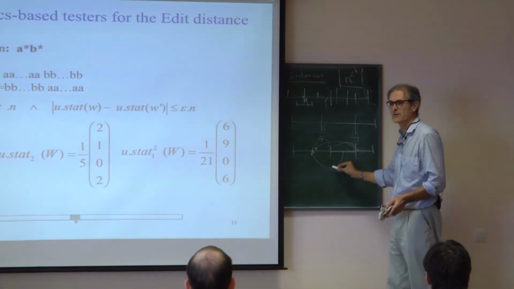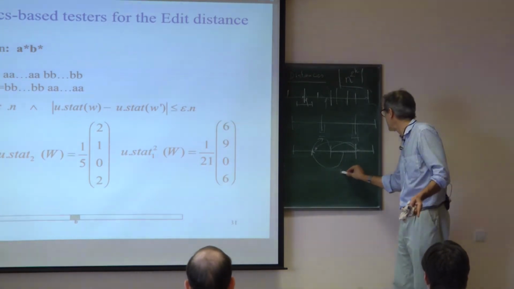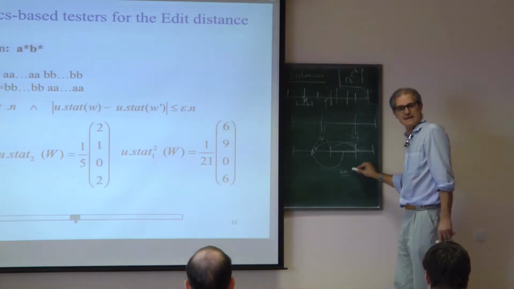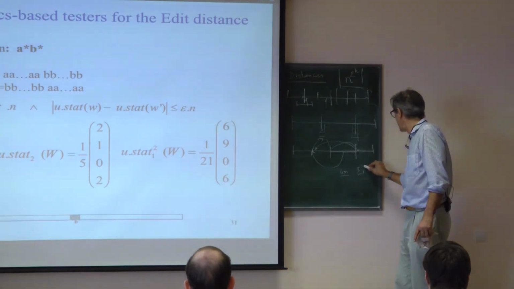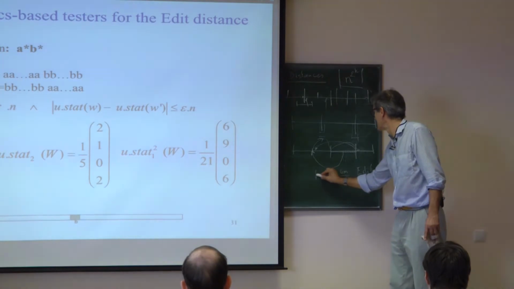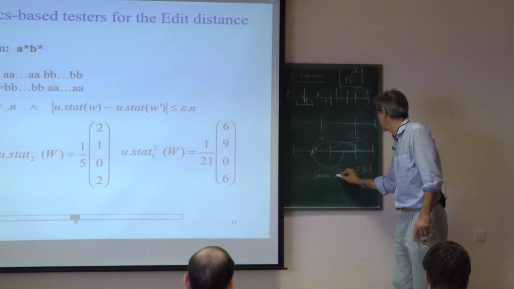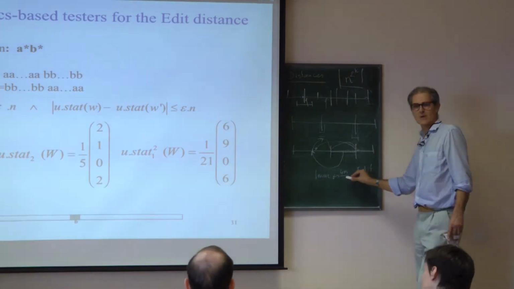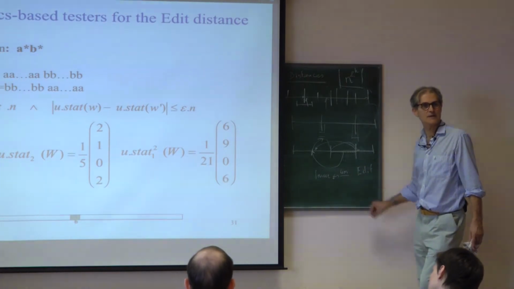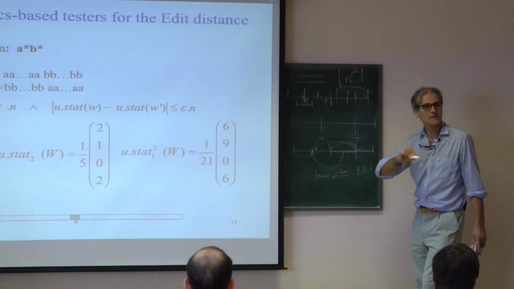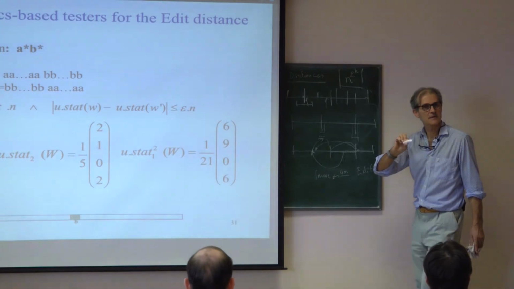Okay, so you make a correction of say 4m edits. So one move can be simulated by a constant number of edit operations if you are in the same connected component.